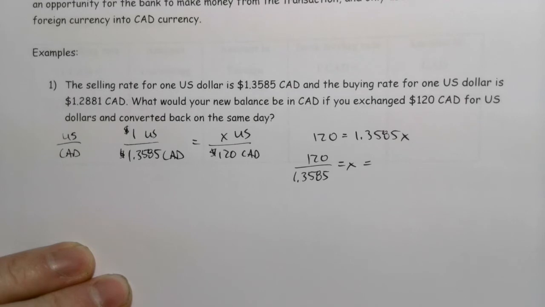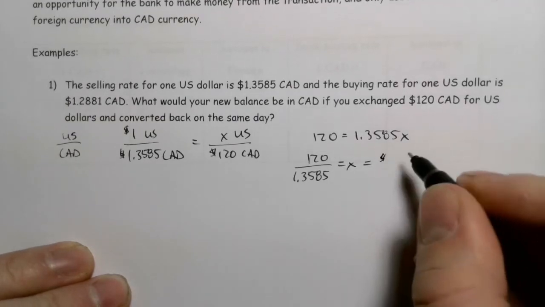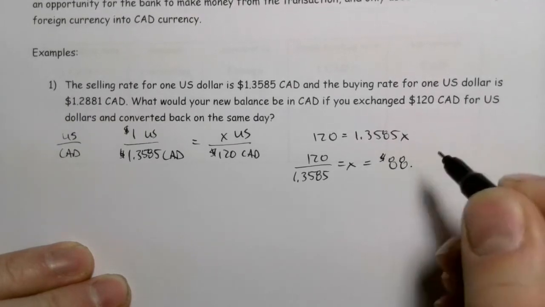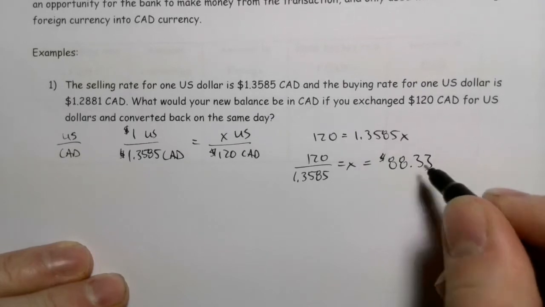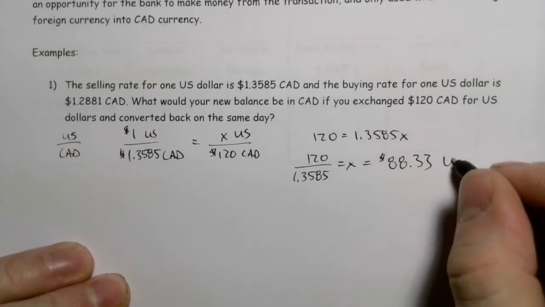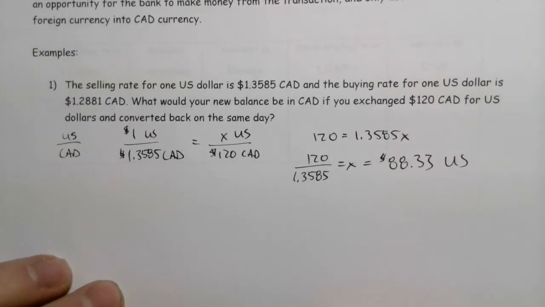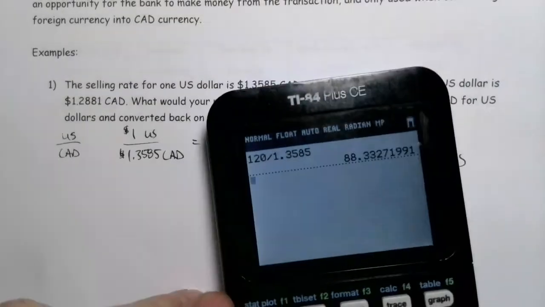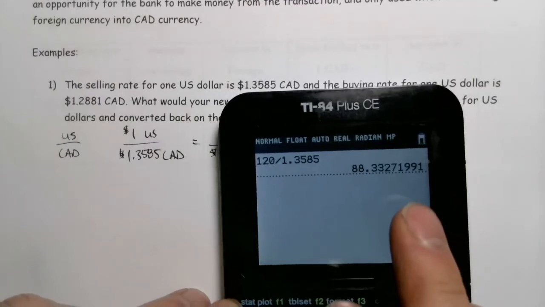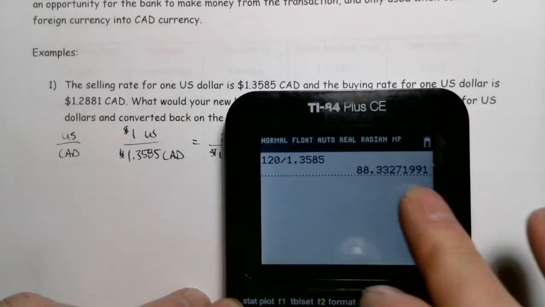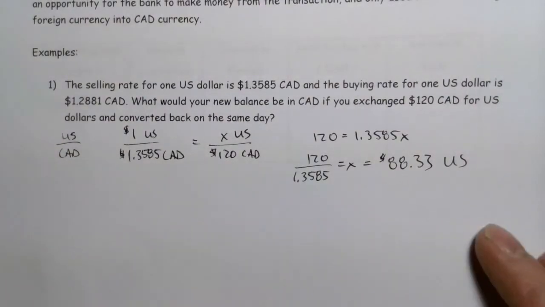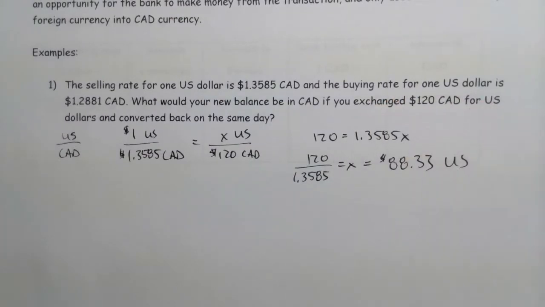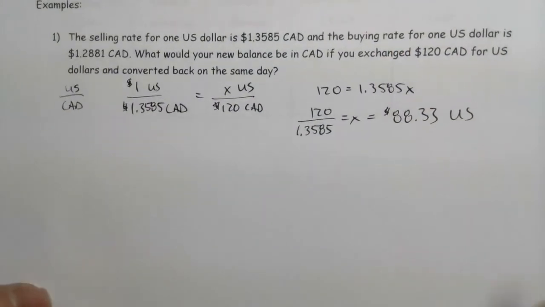I'm going to get basically $88.33. So this is how much we would have in US funds. There's a little bit more to the decimal than that, but I'm leaving that on my calculator. When I do my next calculation, I'm going to use this number, even though I've rounded it here. So now this is how much money we have in our hand.